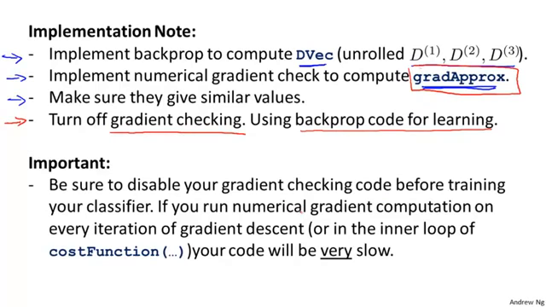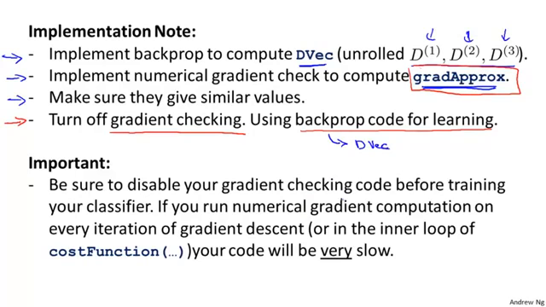And the reason for that is the numerical gradient checking code, the stuff we talked about in this video, is very computationally expensive, a very slow way to try to approximate the derivative. Whereas in contrast, the backpropagation algorithm that we talked about earlier, the thing for computing D1, D2, D3, or for dvec, is a much more computationally efficient way of computing the derivatives.